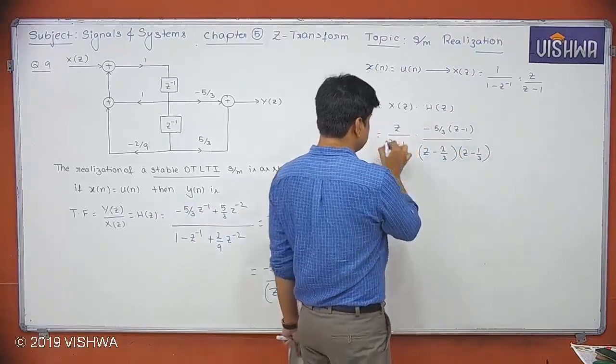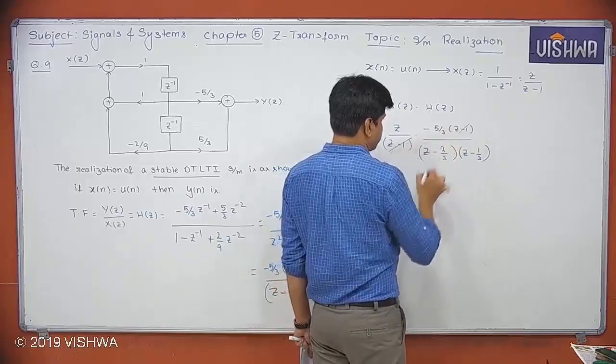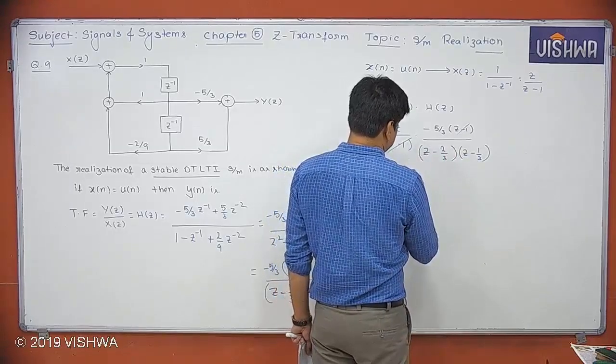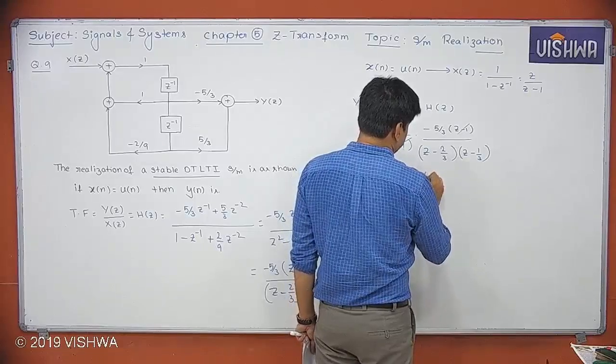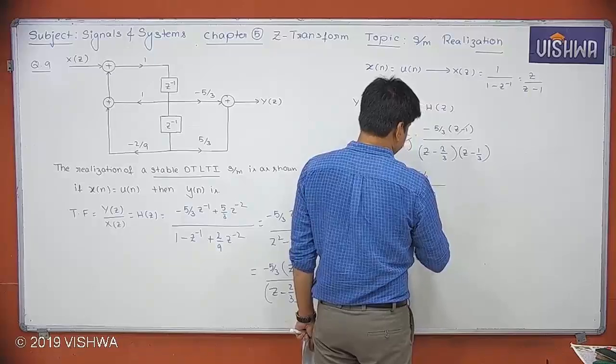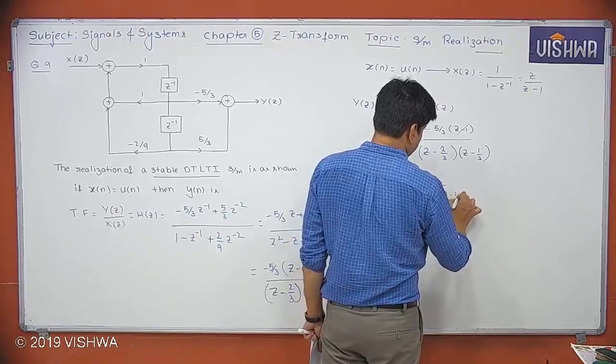So here z minus 1 gets cancelled. Finally we are left with z into minus 5 by 3 by z minus 2 by 3 into z minus 1 by 3.